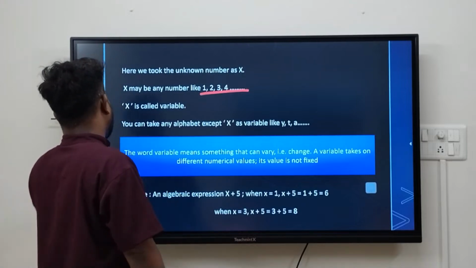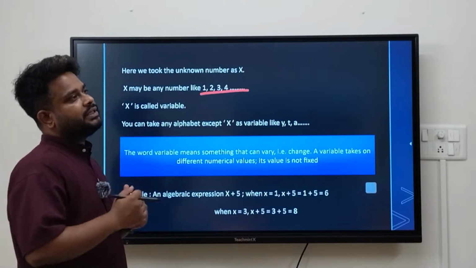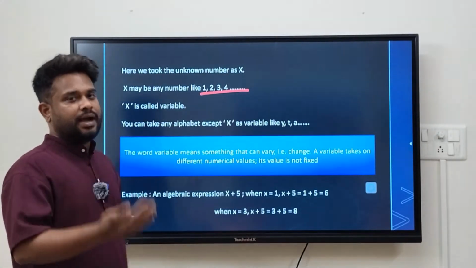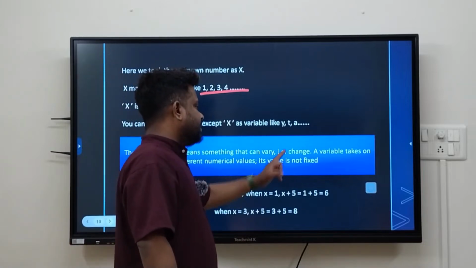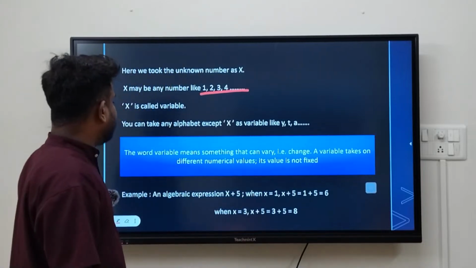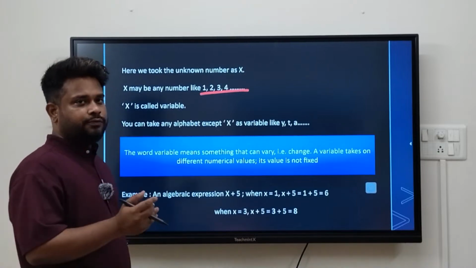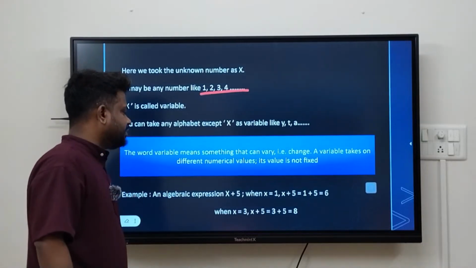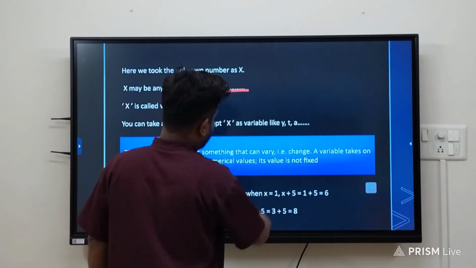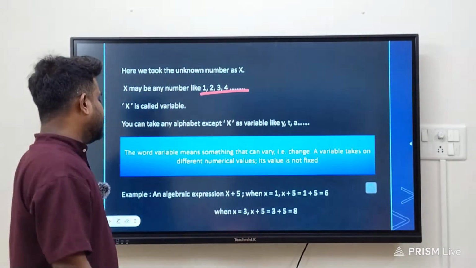The word variable means something that can vary. Just like change, a variable takes on different numerical values. Its values are not fixed. For example, in the algebraic expression x plus 5, when x equals 1, x plus 5 will be 1 plus 5, which is 6.